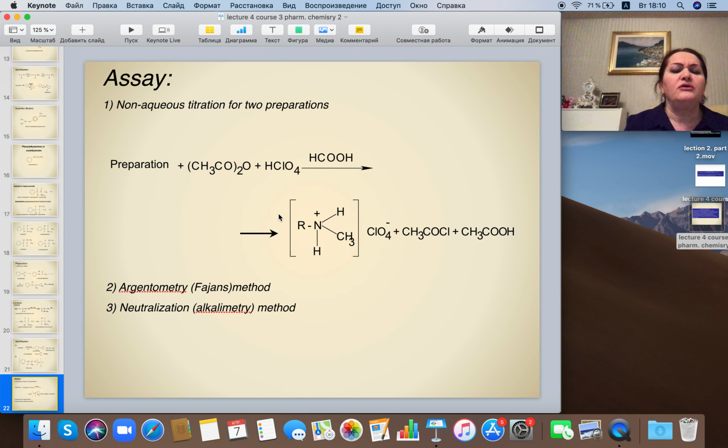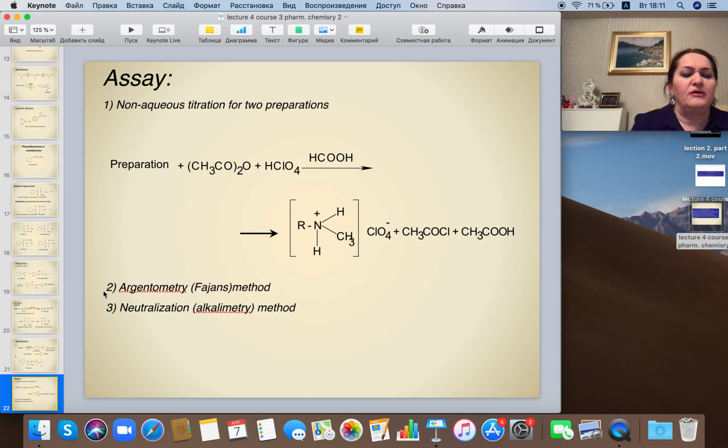As titrant we use perchloric acid, and crystal violet is the indicator in the first way. The second way, in the presence of mercuric acetate. Also we use perchloric acid as titrant and crystal violet.